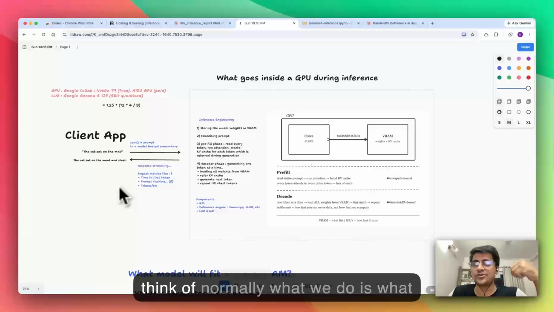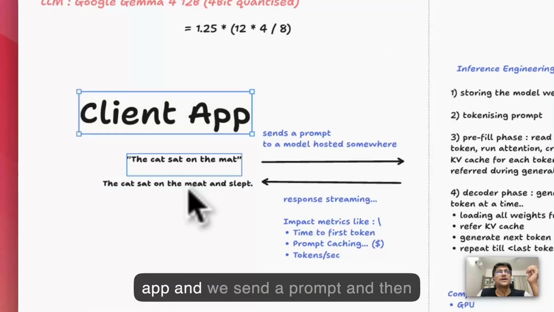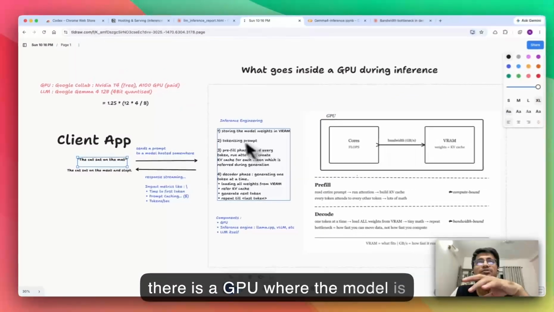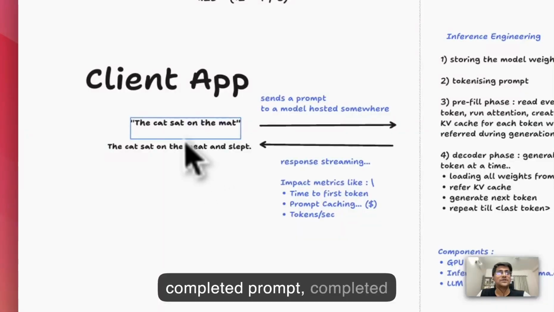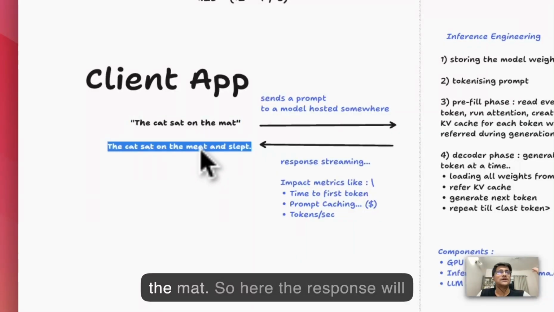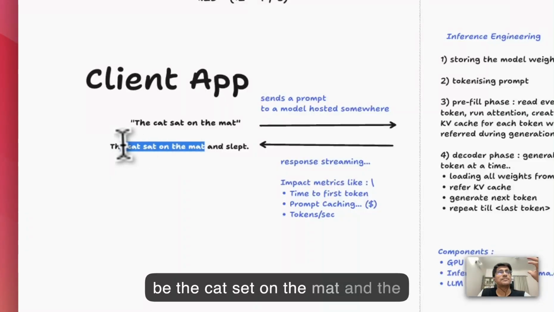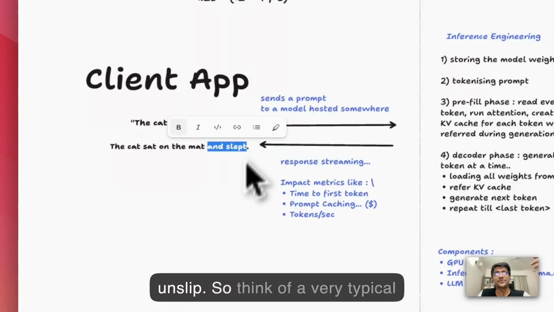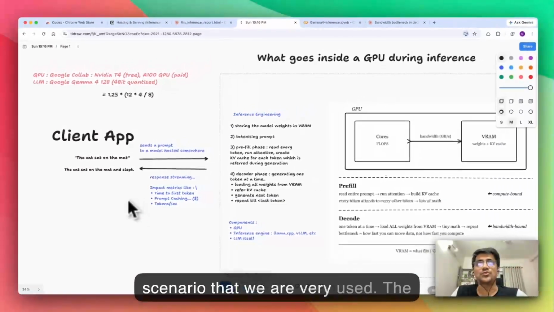Normally we have a client app, and we send a prompt, and then there is a GPU where the model is running, and then we get the completed response. So let's say the prompt is "the cat sat on the mat". The response will be "the cat sat on the mat" and the next two generated words, "and slept". Think of a very typical scenario that we are very used to.